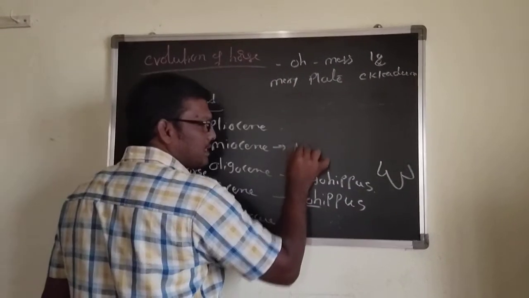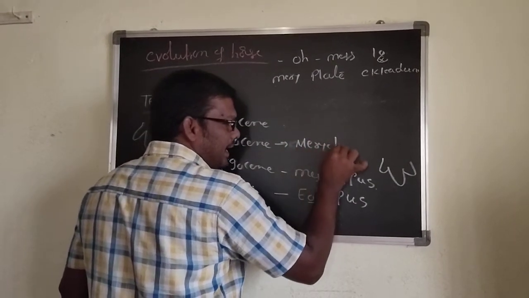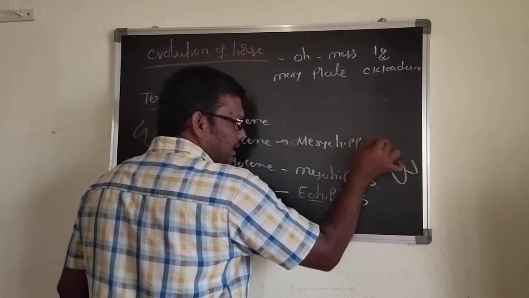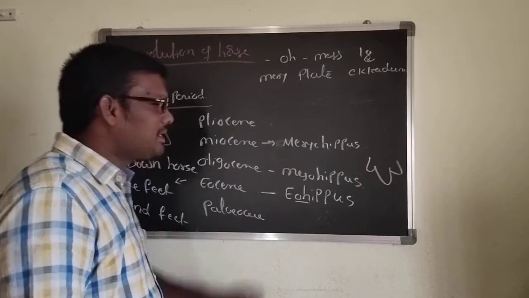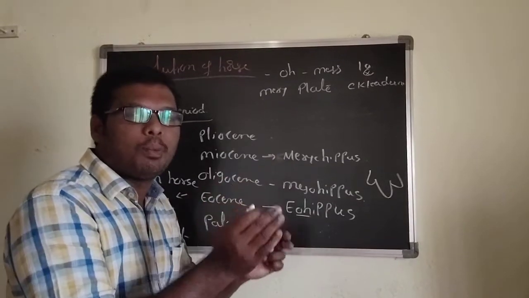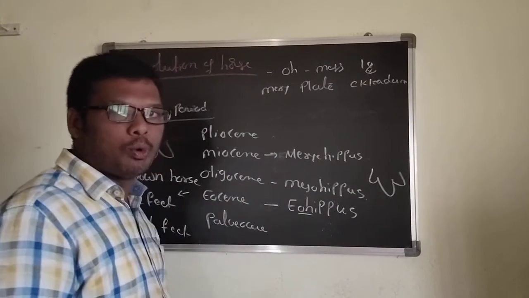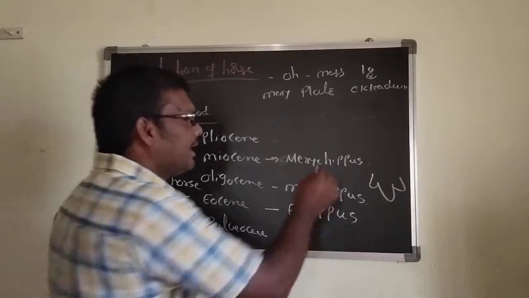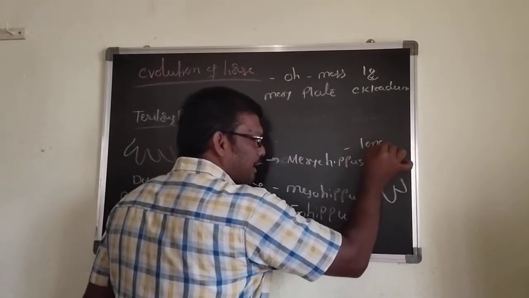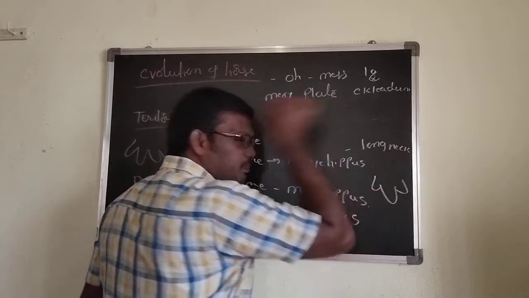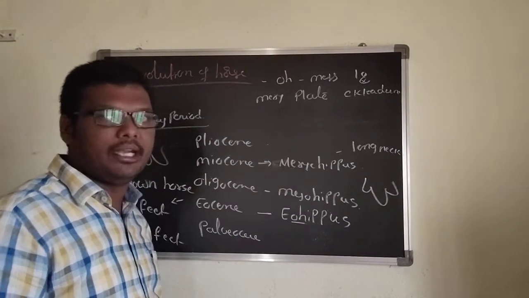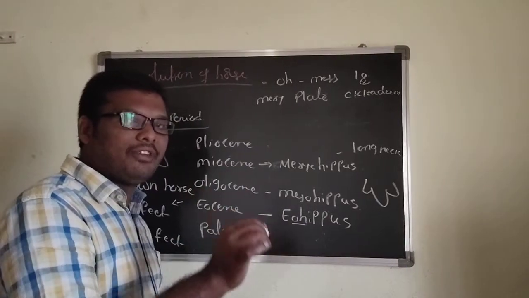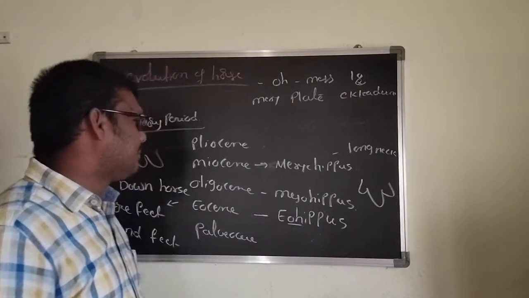That's why the next one is Merychippus. What are its characteristics? It looks like a small pony, with a long neck. Both fore feet and hind feet have 3 fingers and 3 toes.